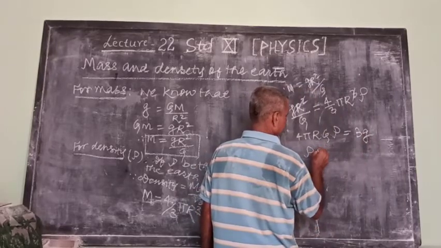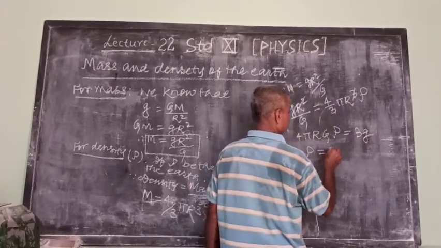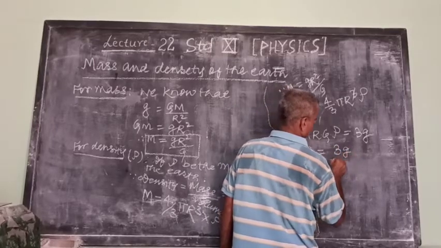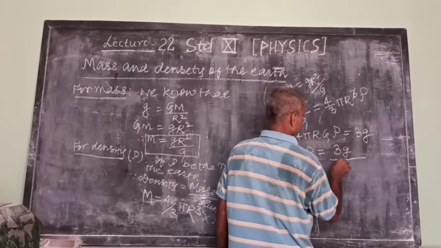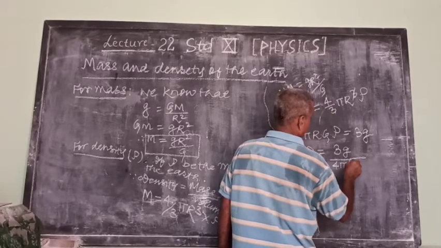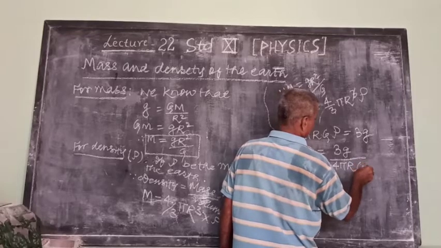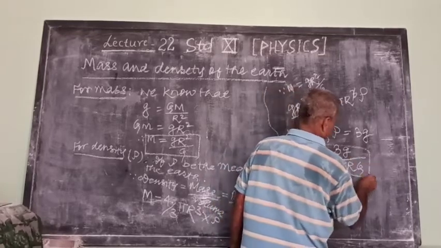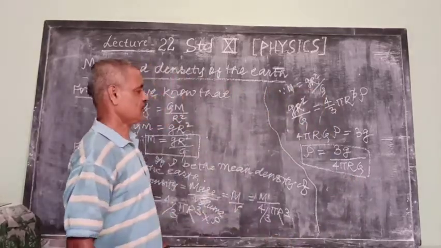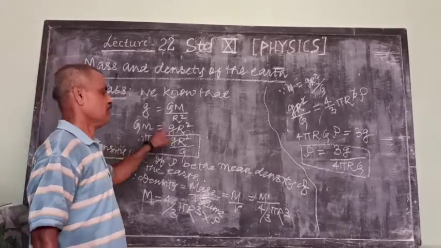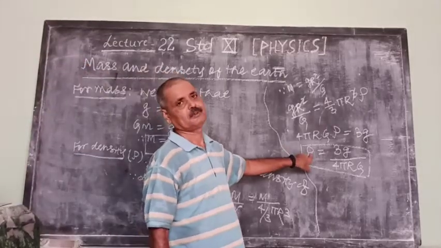So density can be written as 3g by 4 pi r G. These are the overall two formulas, one for the determination of mass and the other for the determination of density of the Earth.